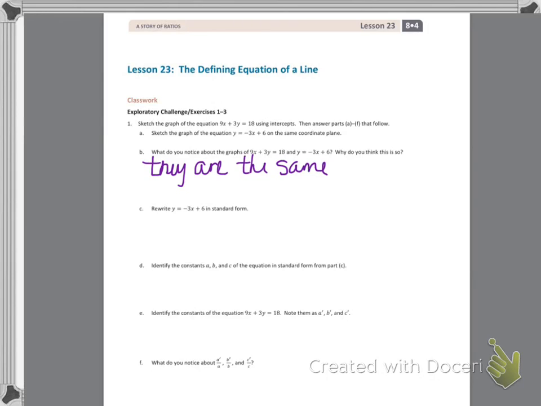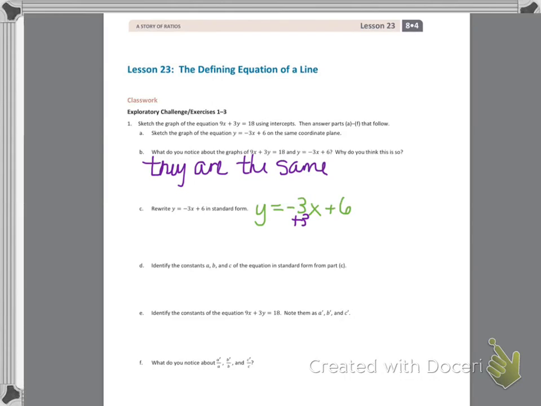So what we want to do now in part C is rewrite y equals -3x plus 6 in standard form. So to do that, I would start with, and hopefully what you did too, would be to add 3x to both sides.